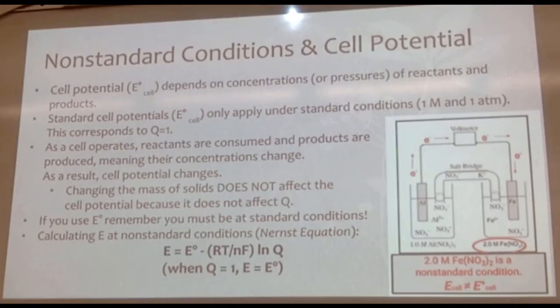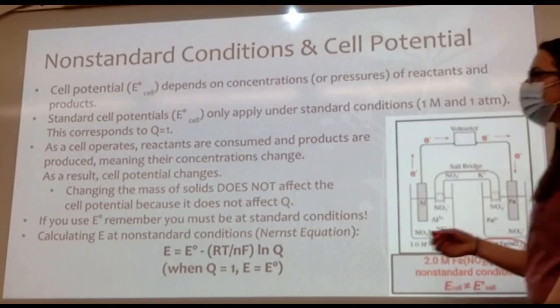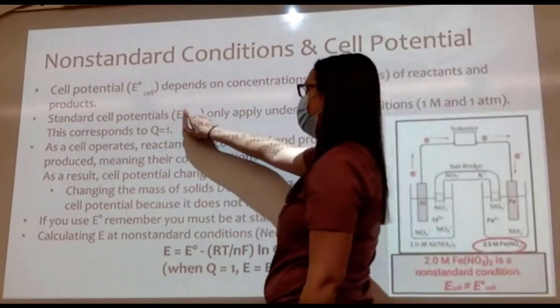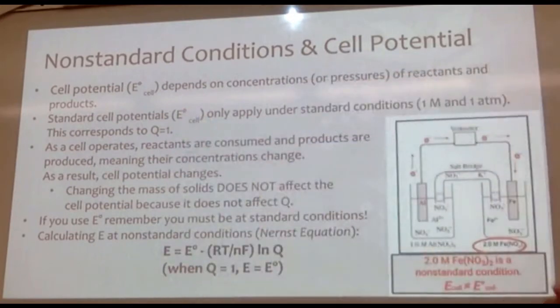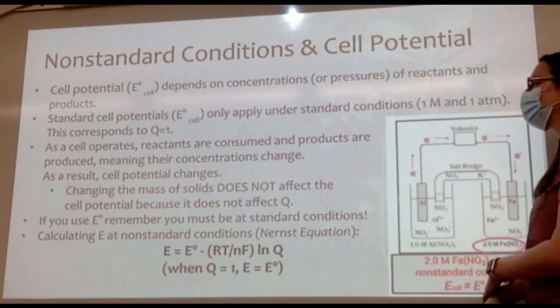So we're looking at how many reactants and how many products we have, and cell potential depends on that. But standard cell potential, with this naught, this degree symbol, means we're at standard. Standard cell potentials only apply under standard conditions. Standard conditions is 1 molar if we have solutions and 1 atm.